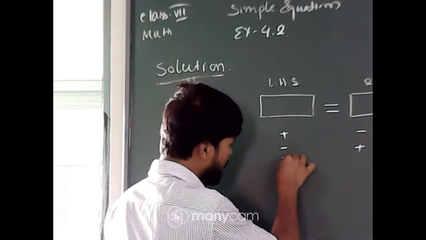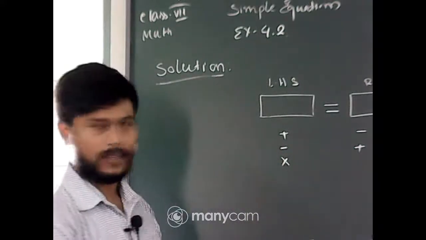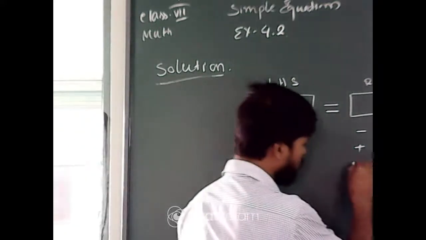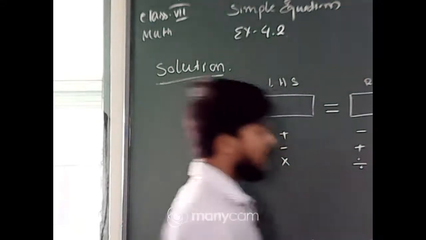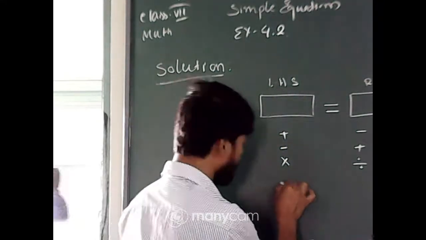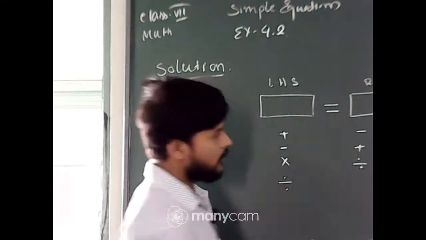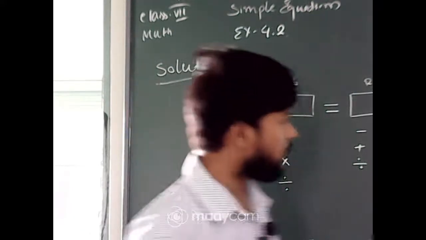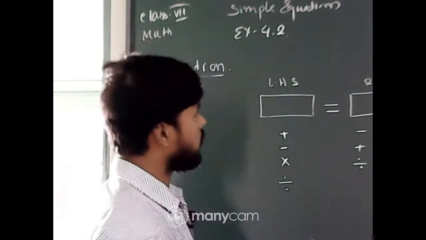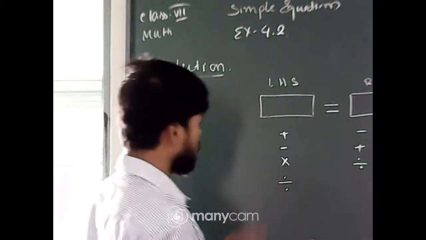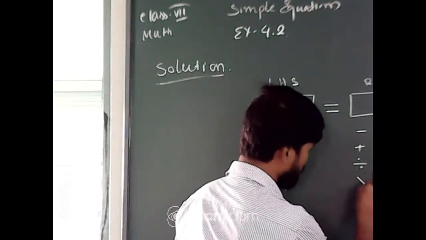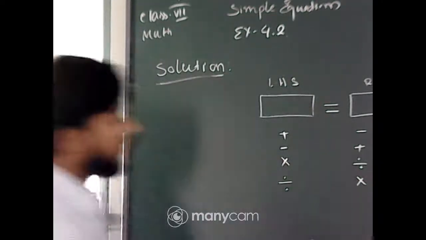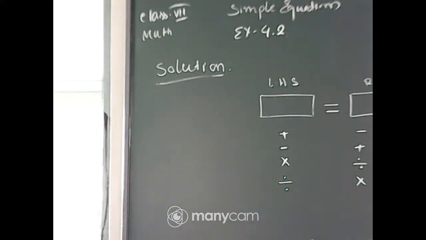If the sign is multiplication, then the sign will convert into division, and if the sign is division on the left hand side, then it will be multiplication on the right hand side.